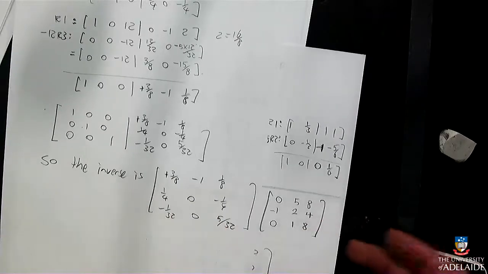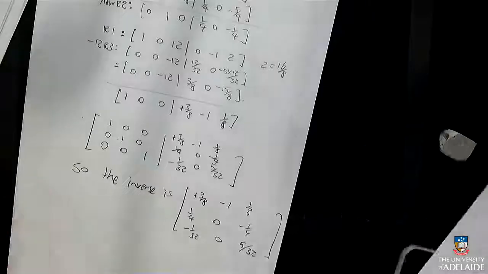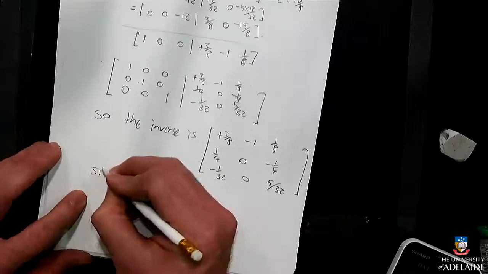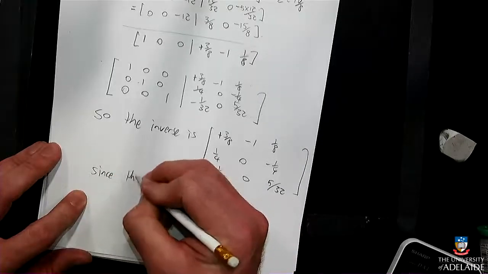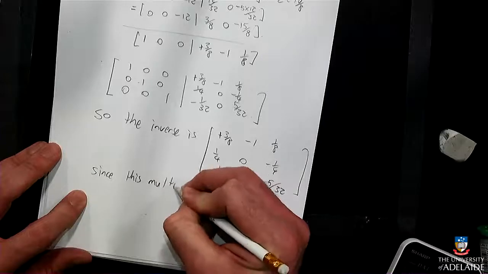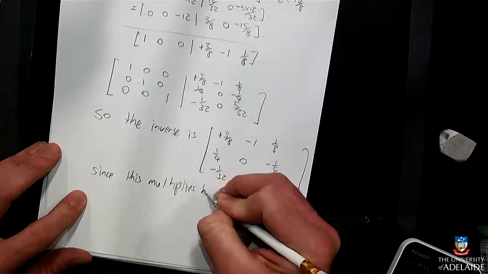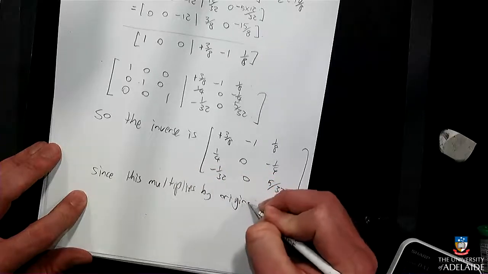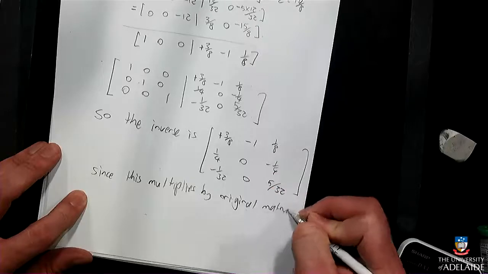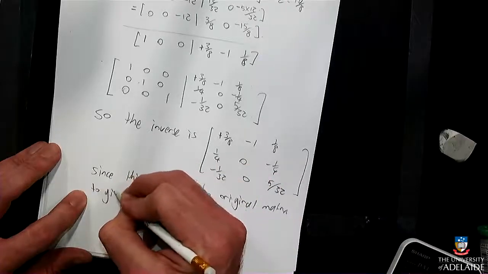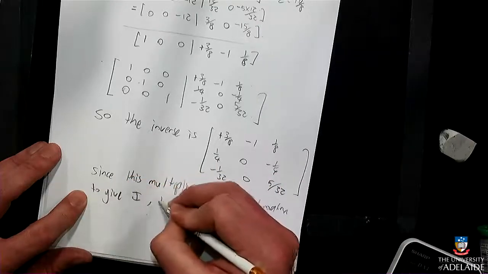It really does work. And so, yes, I have found the actual inverse because I've done the multiplication. So since this multiplies by the original to give the identity, it is correct.